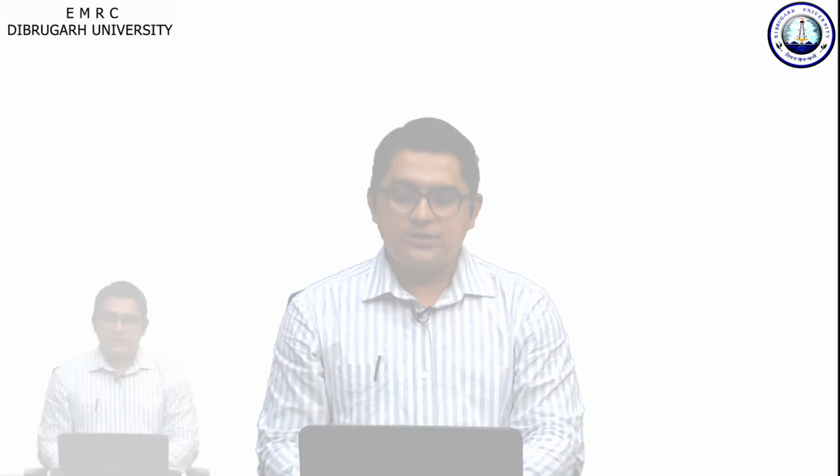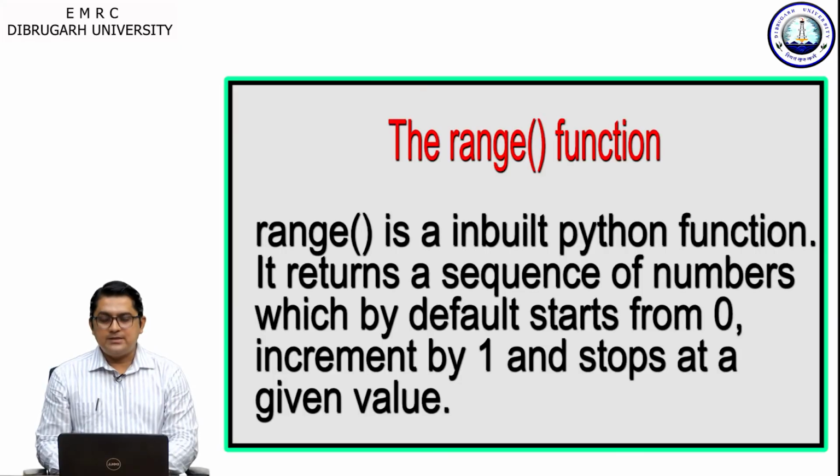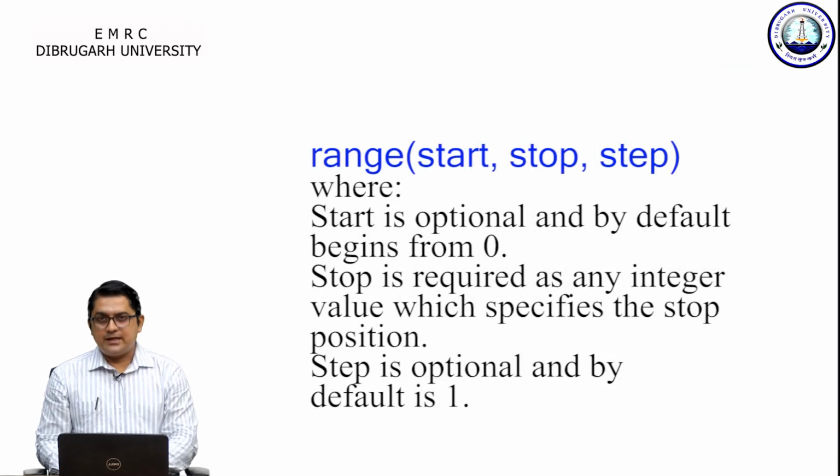So, when we use a for loop, we use a function in Python which is known as the range function. This range is an inbuilt function in Python, and it returns a sequence of numbers which by default starts from 0, increments by 1 and stops at a given value. So, this is the syntax for the range function.